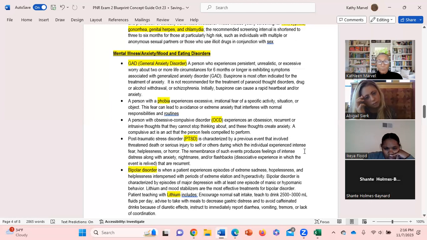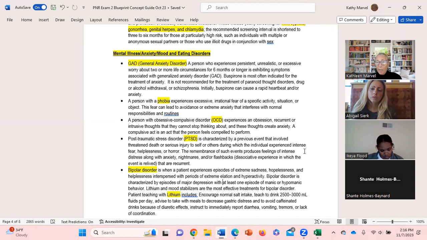Right, so for example, if you were given a scenario of somebody who is experiencing excessive worry about multiple things over a long period of time, that would be a generalized anxiety disorder. If you were given a scenario of somebody who has irrational fear of something specific, phobia. OCD, recurrent, intrusive thoughts. You just need to have maybe a one sentence definition of each of these.